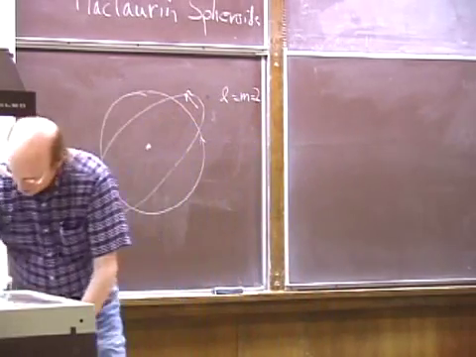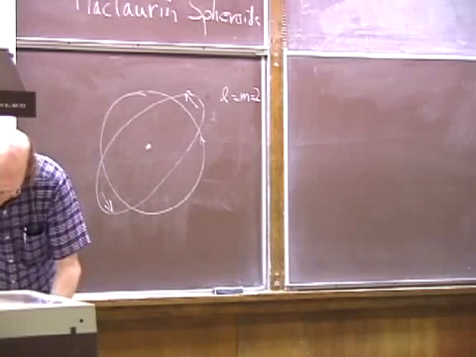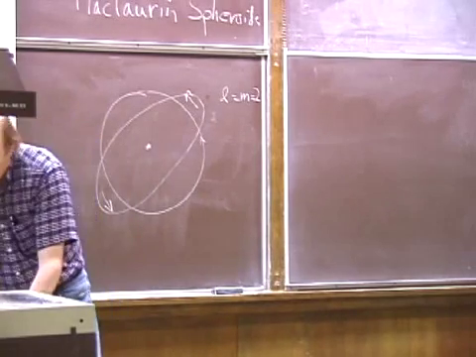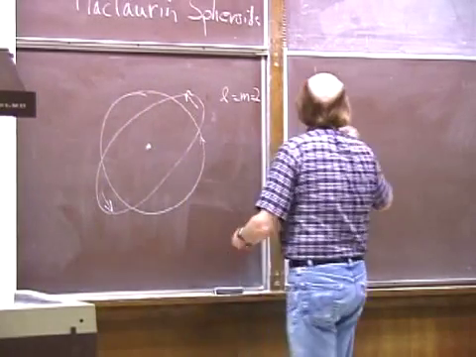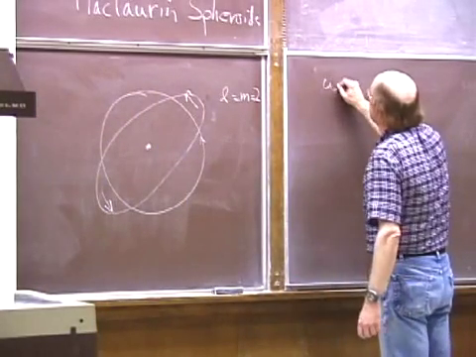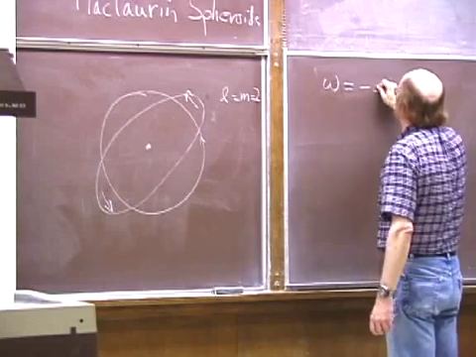And let me show you a graph. Well, I don't know whether I want to write the formula first or show you the graph. So he computed the frequency of these modes, and the frequency has the following formula.